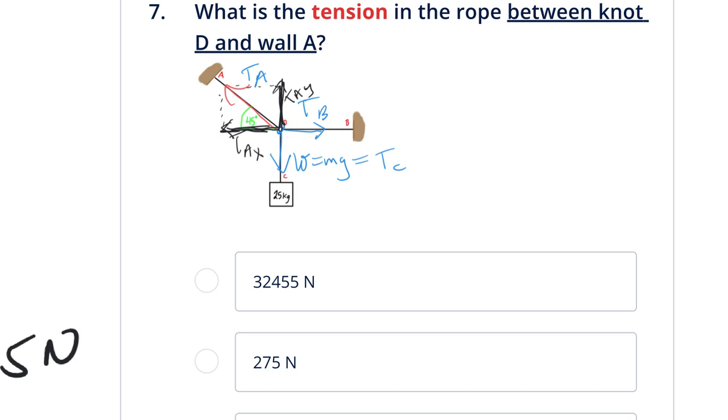I do know that this arrow is going to be balanced out by the weight, which is TC. So the Y component of TA has to equal the weight, which is TC, and the weight's mg.